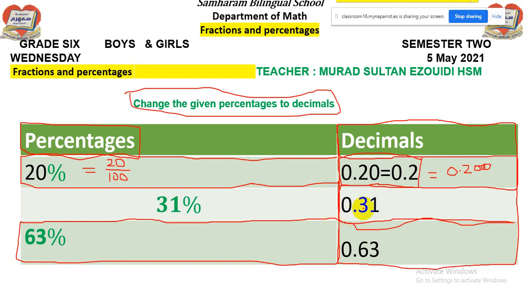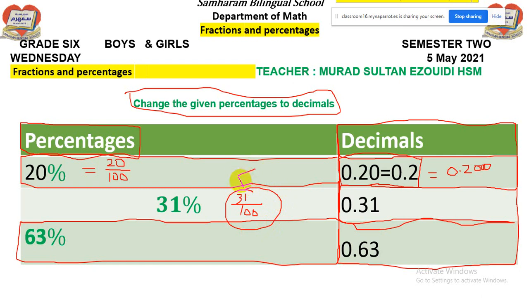So this one, 0.31, how can you write it? As 31 divided by 100. So 31 divided by 100, my learners, this is a fraction. Clear? This is a fraction.